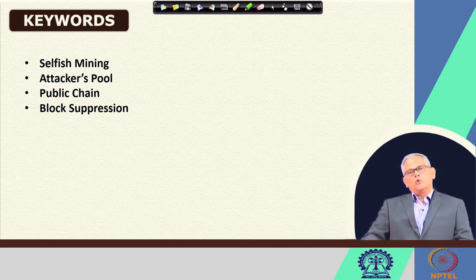So, it is important to keep in mind that it is not only the attacker who will be mining, or its pool will be mining, there would be other normal, genuine, good, benign users who are also going to keep mining the blocks. So, we will talk about of course, public blockchain, and generally our focus is on Bitcoin.